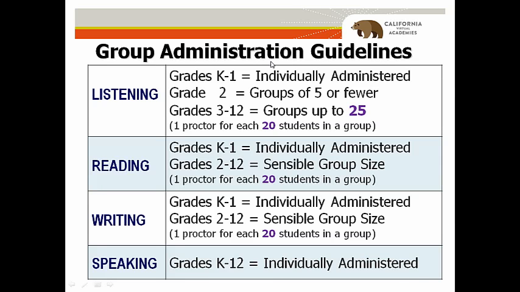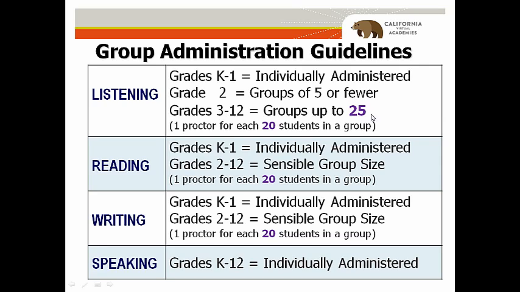These are some guidelines for group administration, again, only if we have a large group. But you need to know that if you're a K2 teacher, K1, all of the tests are individually administered. So you're going to be one-on-one with everyone if they're kindergarten or first grade. Grade 2 needs to be groups of 5 or fewer for listening because they have to listen and give a response, so we want them to be able to concentrate.